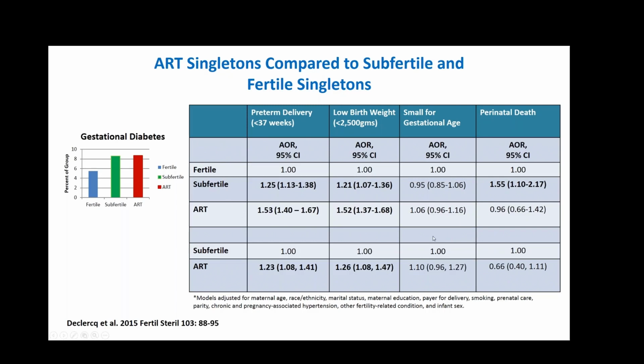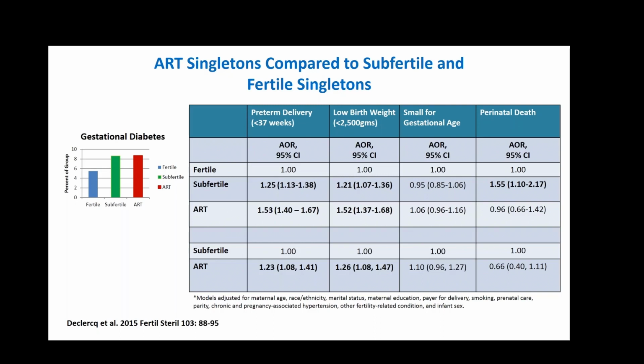There was no difference in small for gestational age babies. But the ART group was also somewhat different from the subfertile group, only the magnitude of that difference was not as great. Perinatal death was elevated in the subfertile group, but not the ART group, a finding that we have not yet explained.